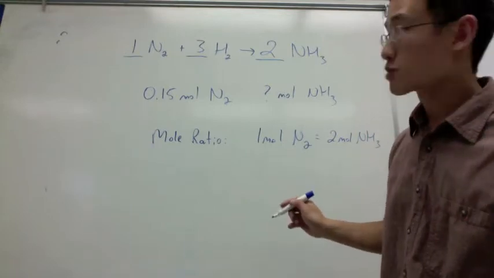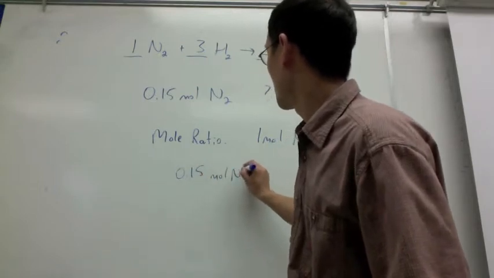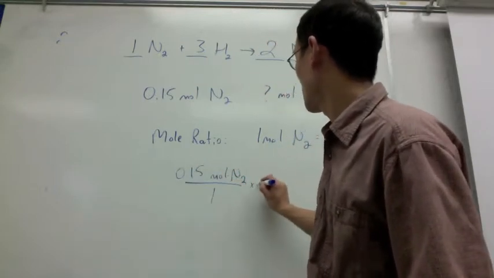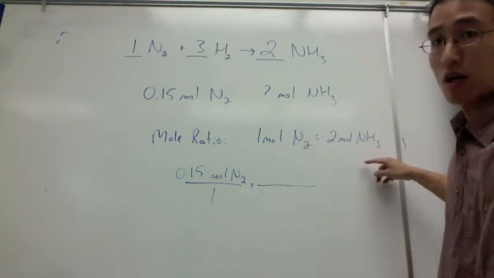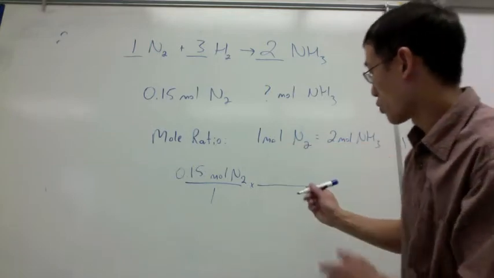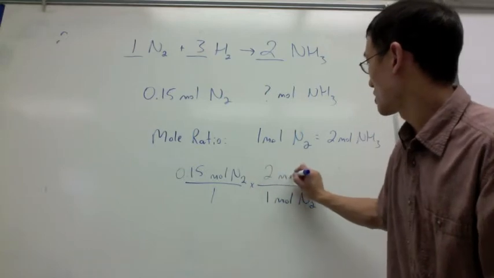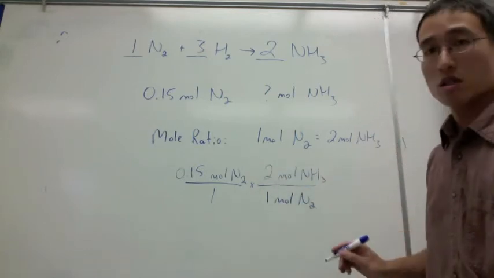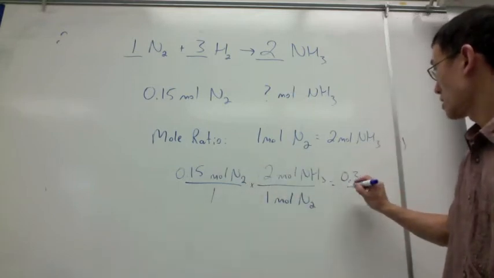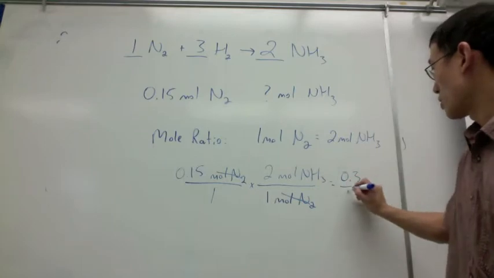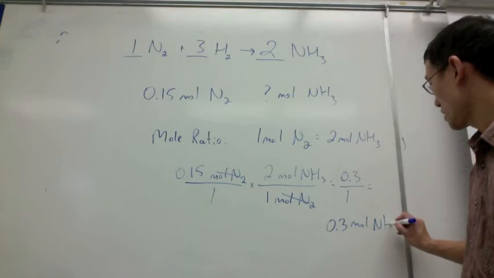To solve this problem, I take 0.15 moles of N2, my given, over 1. My relationship is a 1 to 2 ratio, so for 1 mole of N2, that gives me 2 moles of NH3. Multiply straight across, 0.3 divided by 1 is 0.3 moles of NH3.